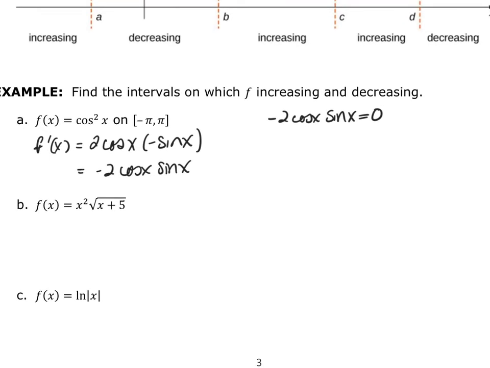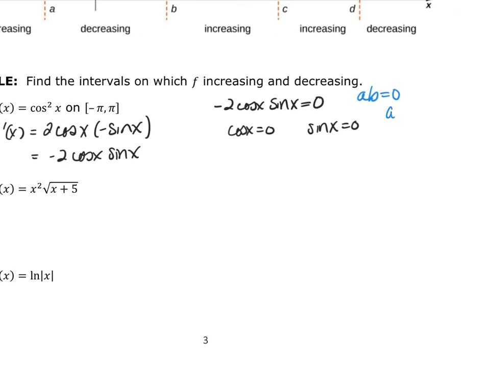And so that tells me that either cosine x is equal to 0 or sine x is equal to 0, or both. I don't have to worry about the negative 2, it's just a multiplier. If I divided both sides by negative 2, I don't have to worry about it. What I'm using is this rule that says if I have a times b equal to 0, then either a equals 0 or b equals 0. So on the interval between negative pi and pi, where is cosine x equal to 0?